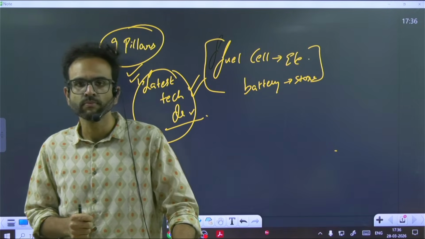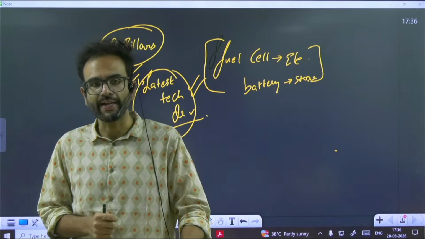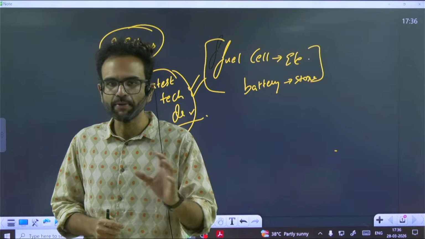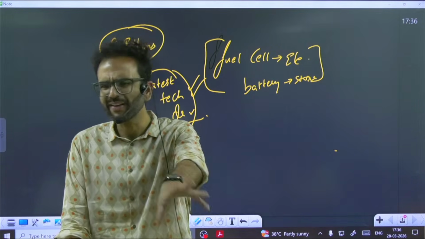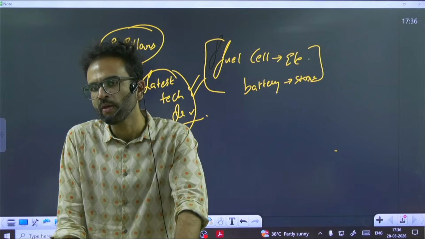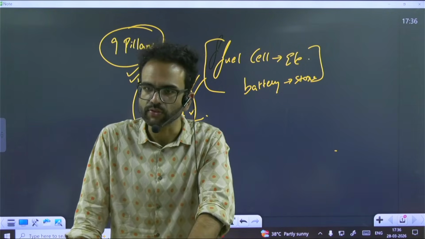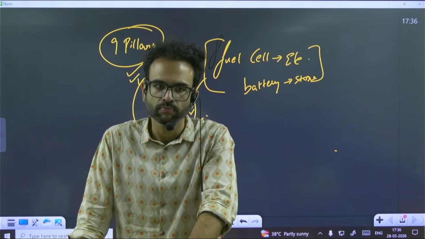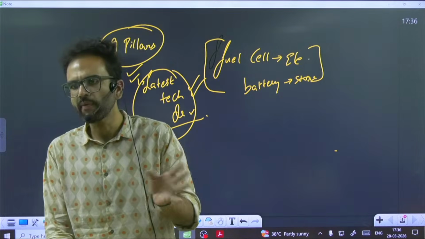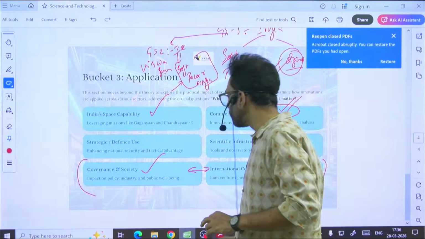Why? Light. Constant light presence will be there. So better clarity, basically. Imagine the vision is blocked because of clouds. So to solve that problem, we will be using this. That's all you need to know.